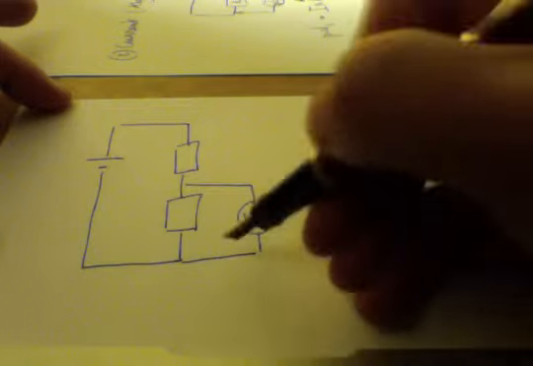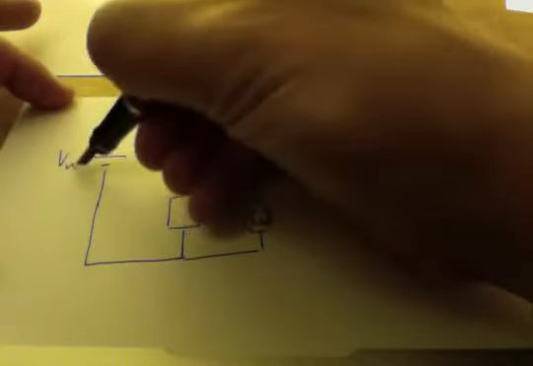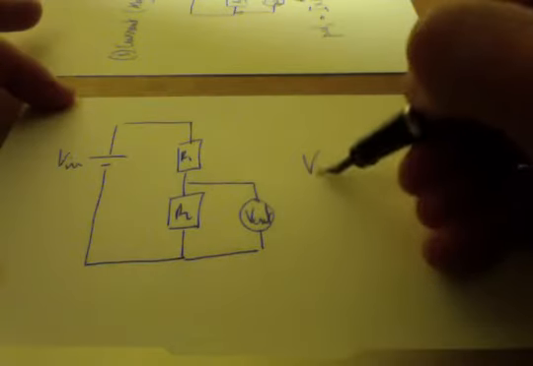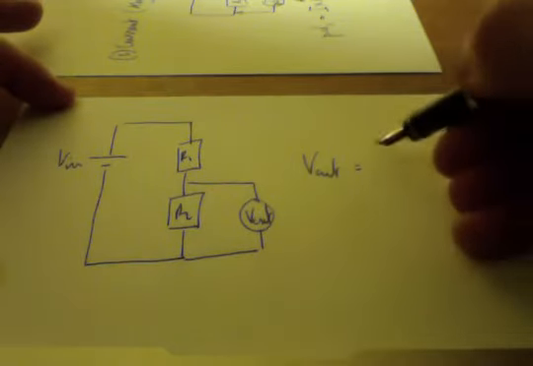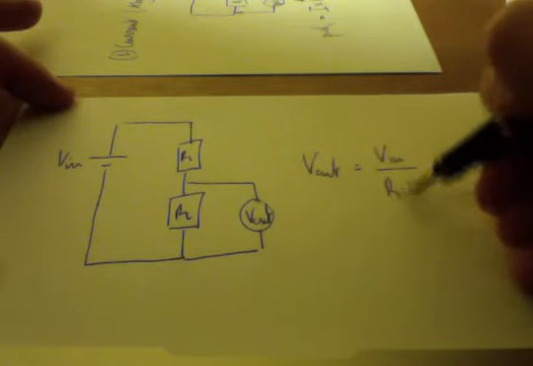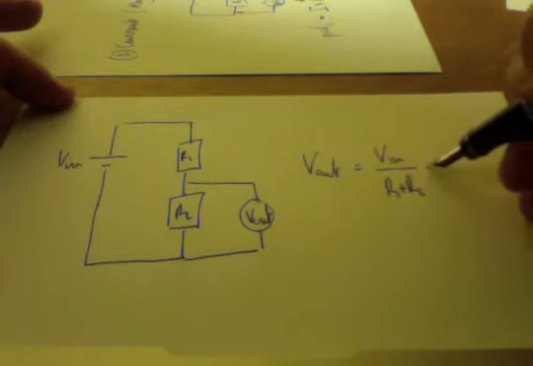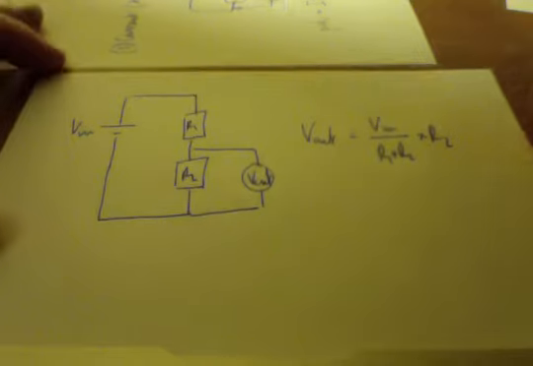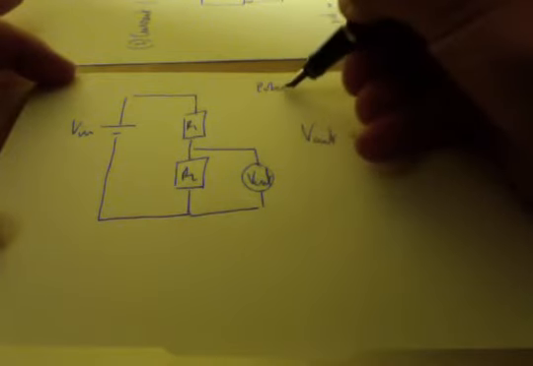V out, you take the output, V in, R1, R2. So V out is the current, which is the V in over the two resistances, multiplied by R2 in this instance because it's across there. And that is the equation for the potential divider.